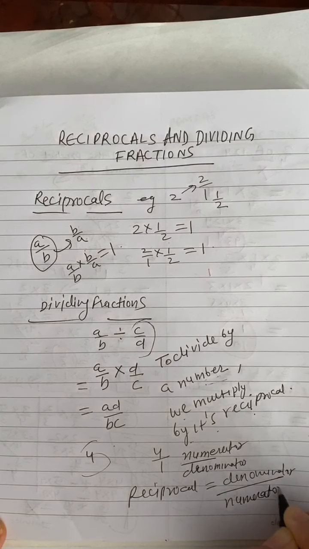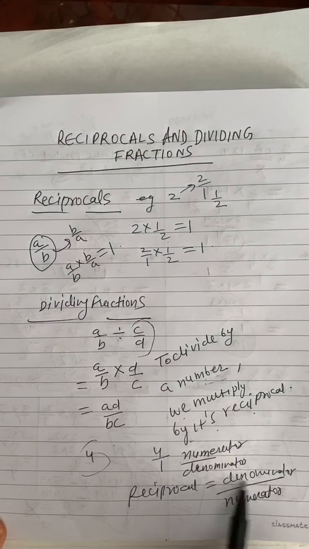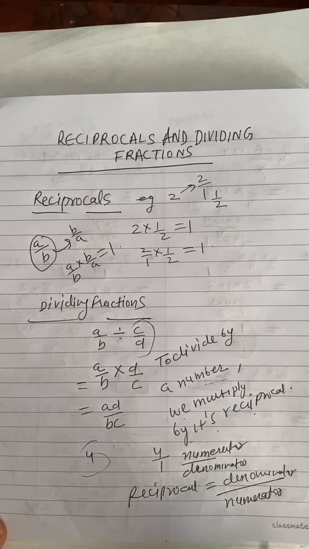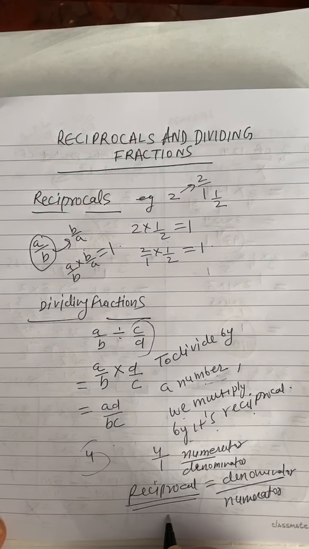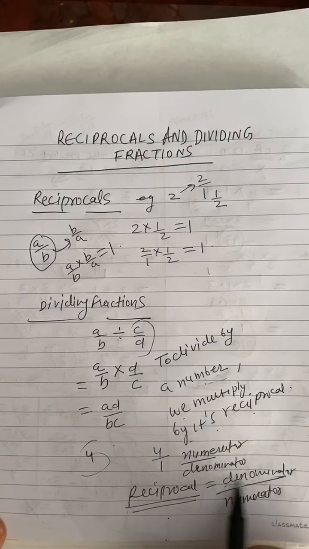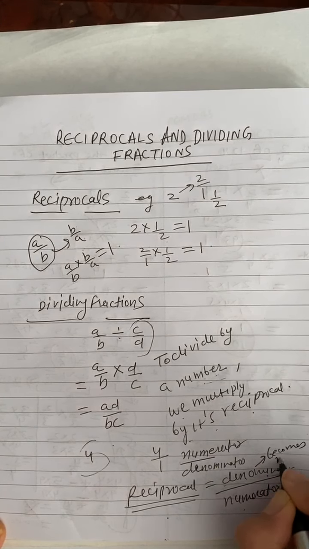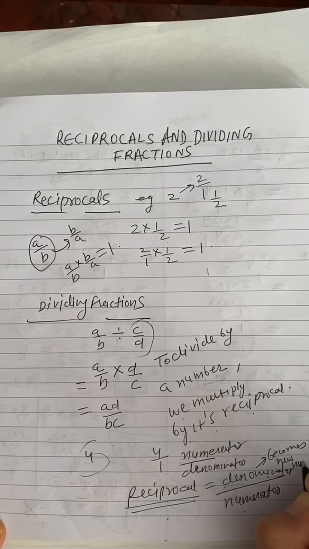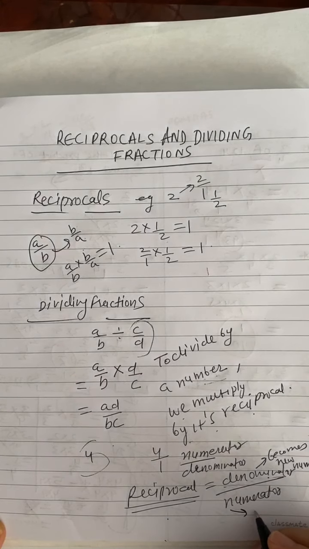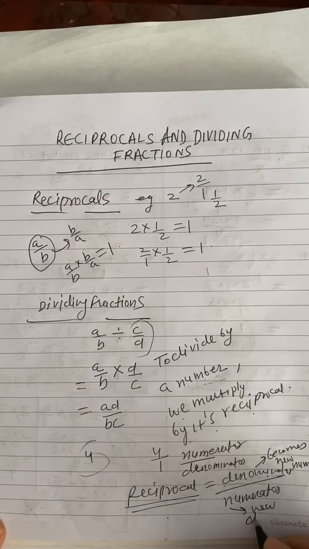So they switch places here. We know that numerator is up and denominator is down, but what I am trying to say is, in reciprocal, the denominator becomes your numerator. So this denominator becomes the new numerator, and this numerator becomes the new denominator.